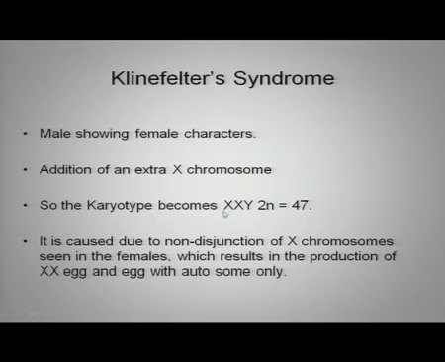One X chromosome is added here to the normal diploid chromosome content. So, it is XXY, 2n equals 47. Again it is an example of aneuploidy, where we can see one X chromosome is added.